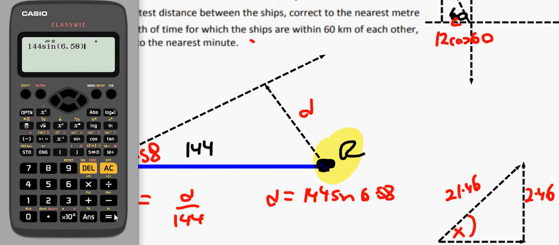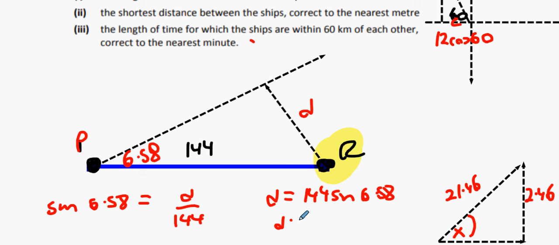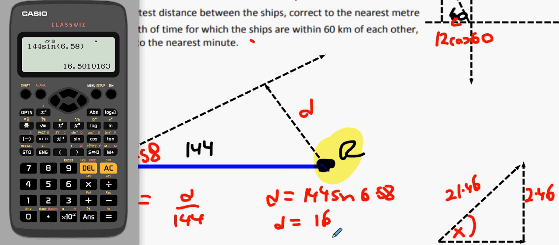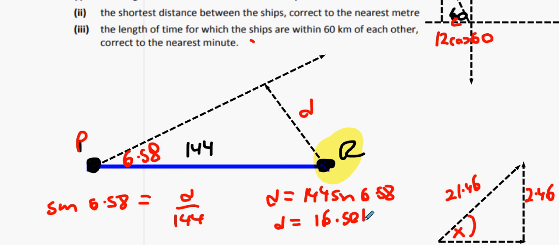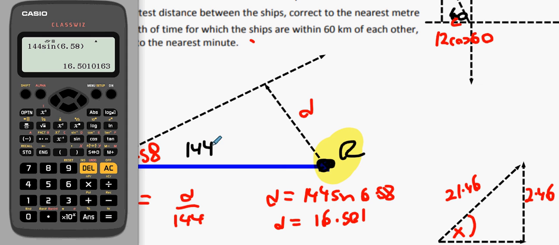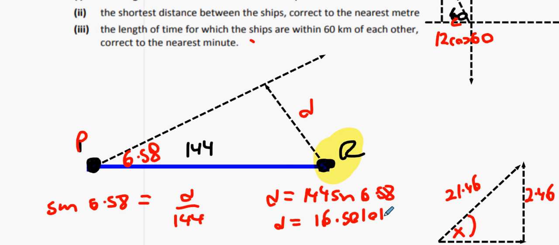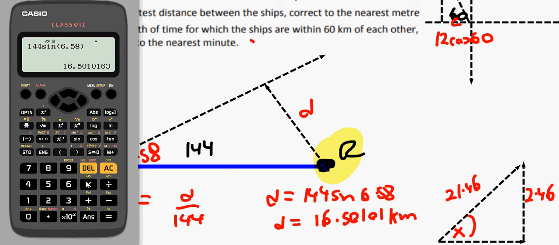And what we get there is 16.5, so D is 16.5. 16.501 is the nearest meter, not kilometer. 16.501 kilometers. So if I multiply that by 1,000, I get 16,501 meters. Now I'm slightly off, I didn't round off I suppose, and my angle was slightly different, but I should be entitled to full marks doing that.